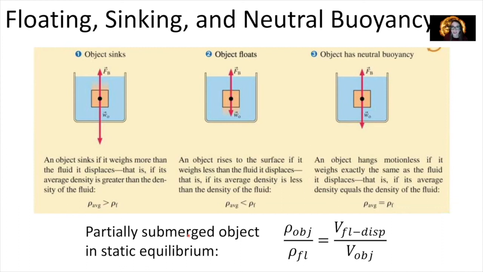And in that case, you can calculate the fraction of that object that is submerged just by taking the ratio of the density of that object that is floating to the density of the fluid that it is floating within. So the ratio of the volume of the fluid that is displaced to the volume of the object is equal to the density of the object that's floating divided by the density of the fluid.